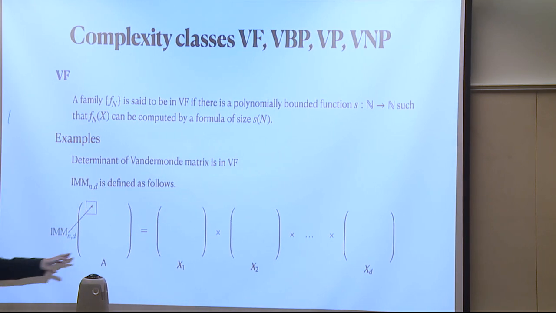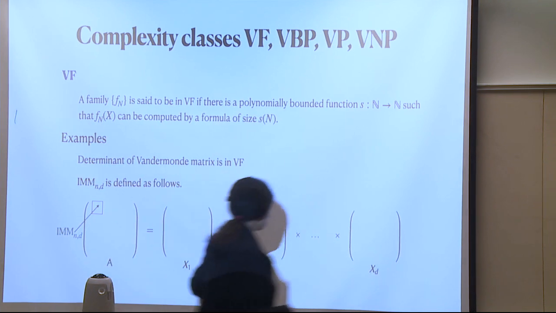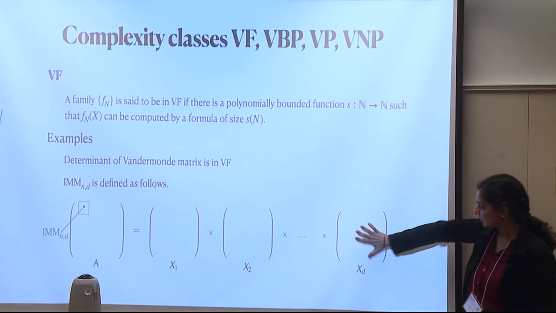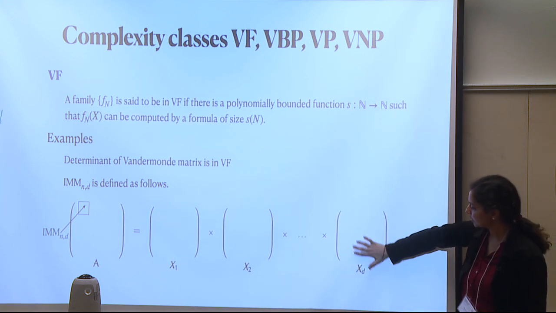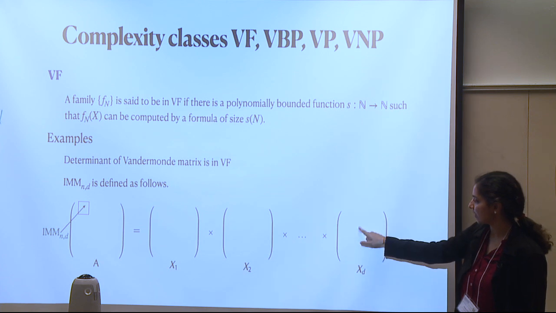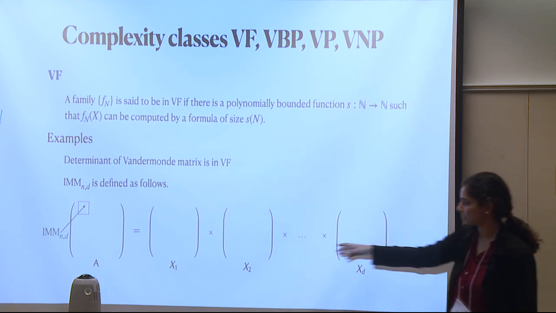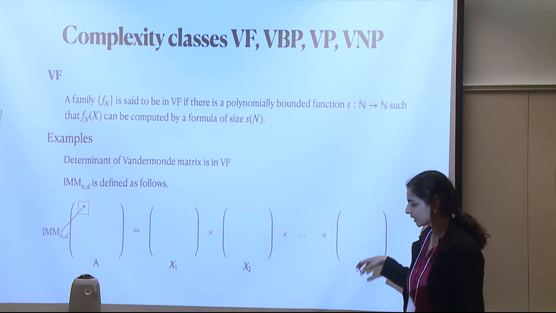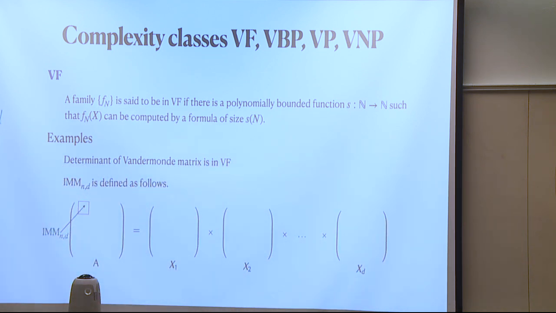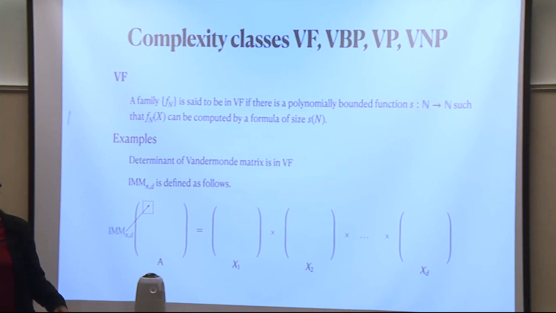There are d matrices, and each is of size n, right? And there are fresh variables here. Let's say the variables here have superscript d. So the ij-th variable here is x superscript d, ij, and so on. So fresh variables. You multiply them all out, and you get this matrix. And iterated matrix multiplication, let's say, is just the (1,1) entry of this. You can actually choose any entry you like, but let's say (1,1) for concreteness.